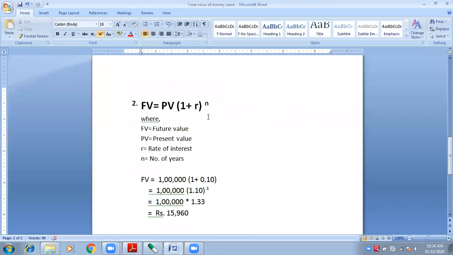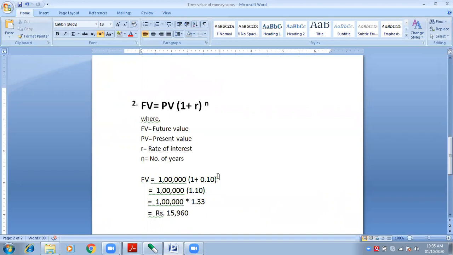The investment is done for 1 year, no? I'm asking for how many years you are investing rupees 1 lakh. 1 year. Yes, this is what I was asking. You are investing only for 1 year.